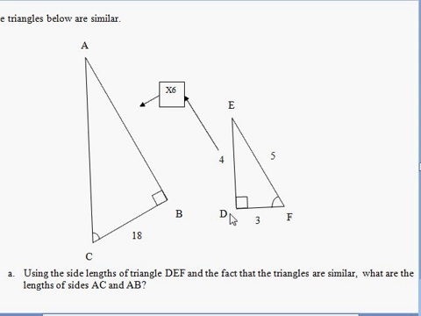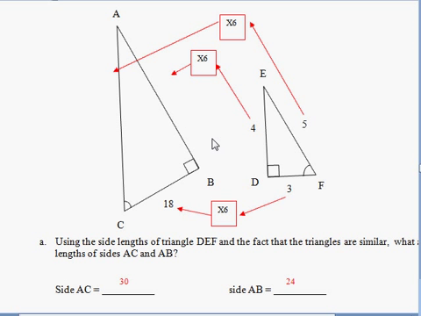Since ED matches up with AB, 4 times 6 is 24, so this side is going to be 24. We use the same method for EF: 5 times 6 is 30, so AC is going to be 30.